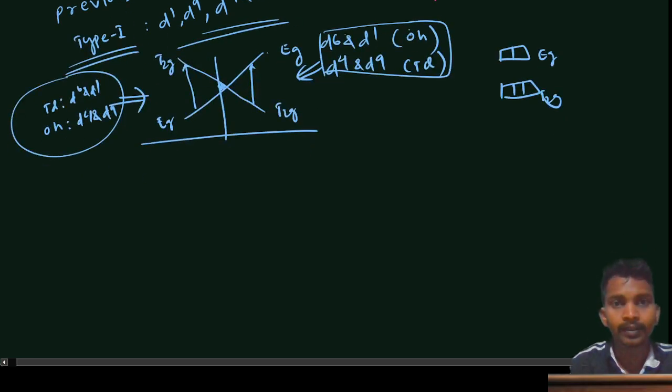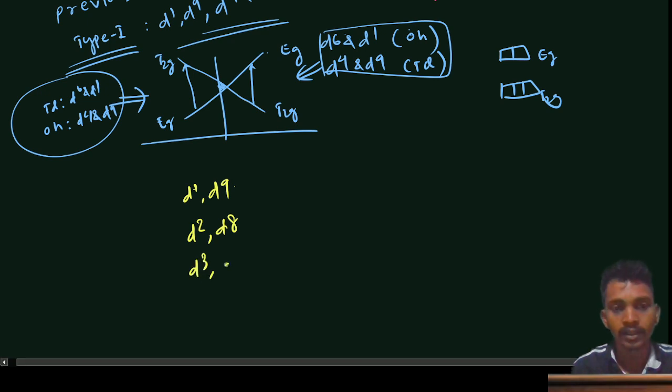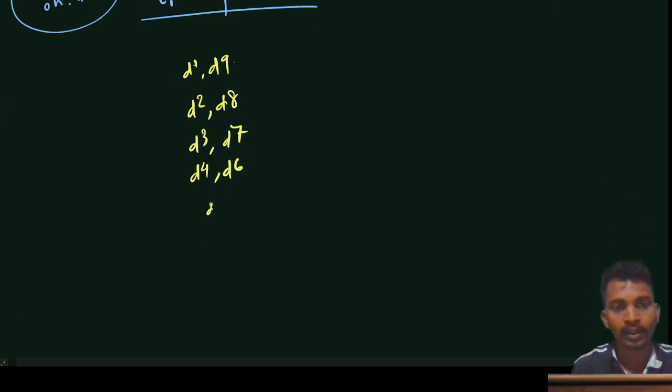Also we have seen that D1 and D9, D2 and D8, so adding them we get 10. D3 and D7, D4 and D6 and D5.